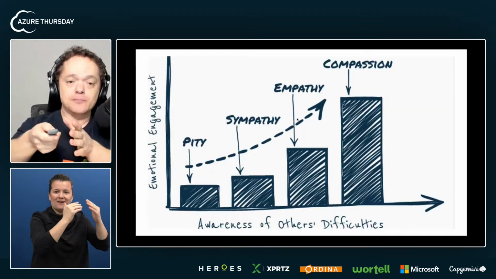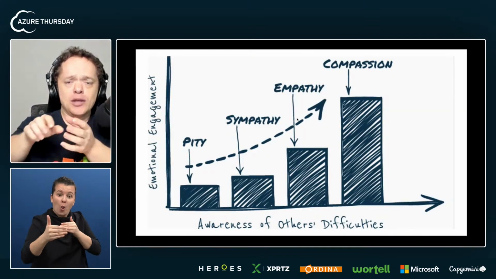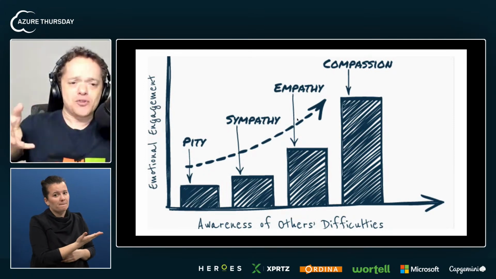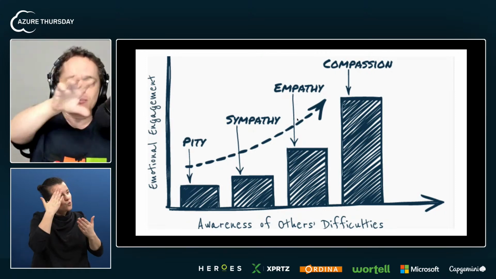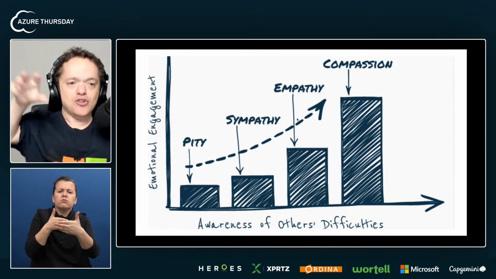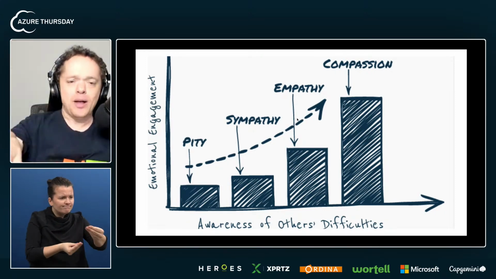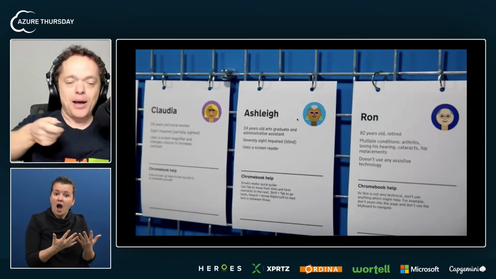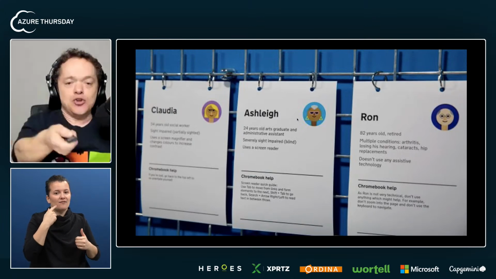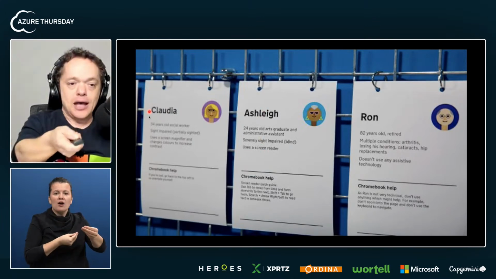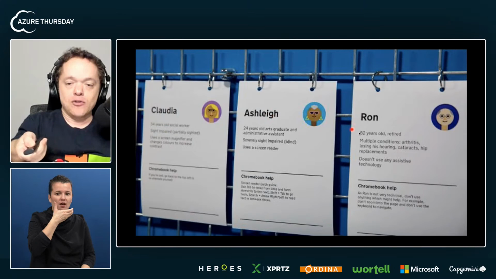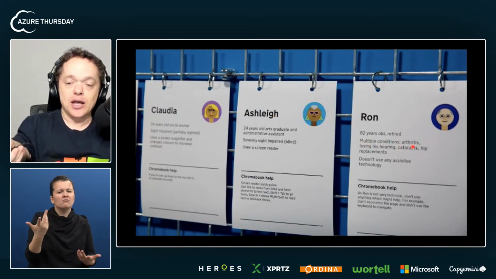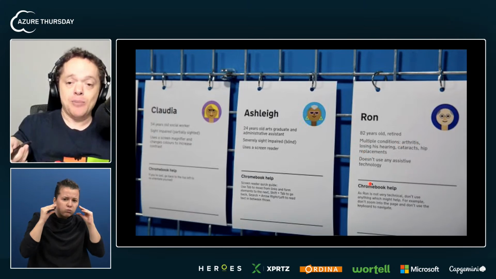So now we've defined that. Now we can also see, wait a second, I want to take the altruistic approach and I want to become aware of people's difficulties. I want to go from pity to sympathy to empathy and to compassion. But how do I do that? How do I improve my emotional engagement? You do that by becoming those people, by stepping out of your empathy bubble, and you use persona spectrums: Claudia, Ashley, and Ron. So Ron's an 82-year-old retired man with multiple conditions: arthritis, losing his hearing, might have visual impairment also.